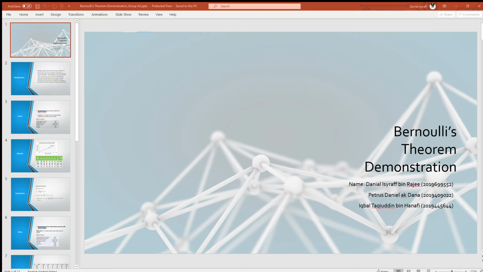Another question I will address to Petrus. Petrus got QI already. Why need to do calculated flow rate again? You think about it first. Just now Iqbal already answered my question. How do you calculate error? Which one and which one?